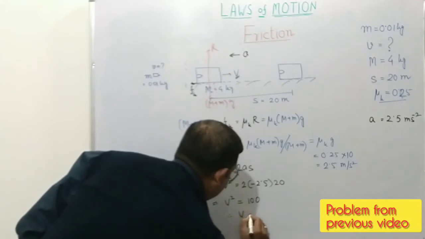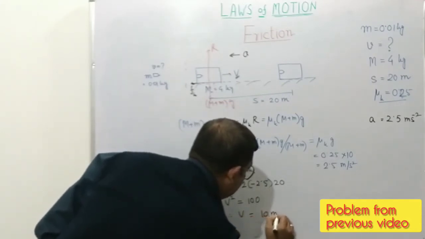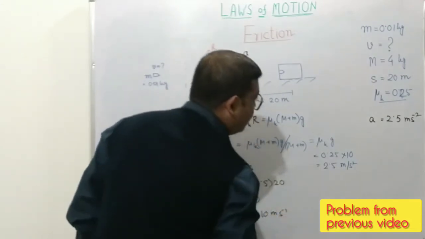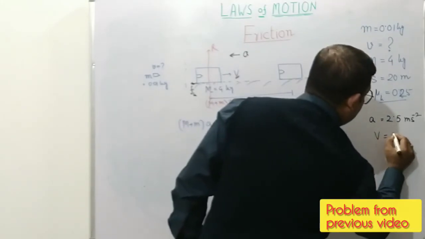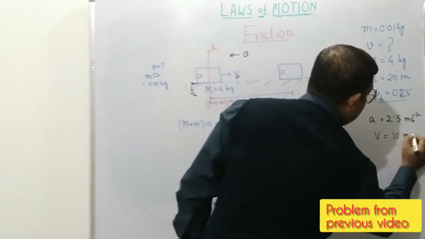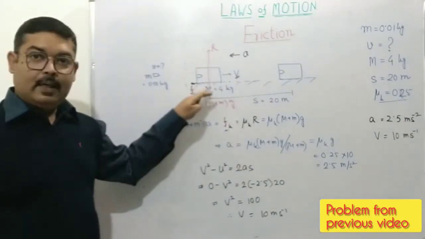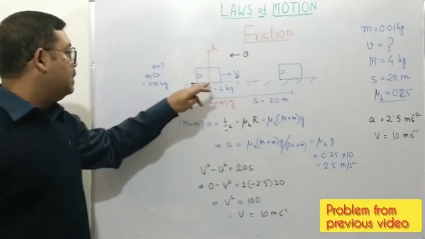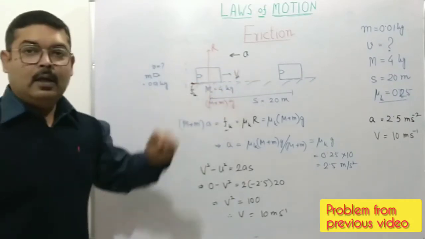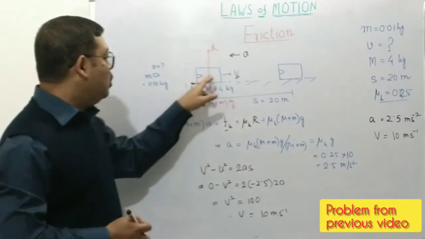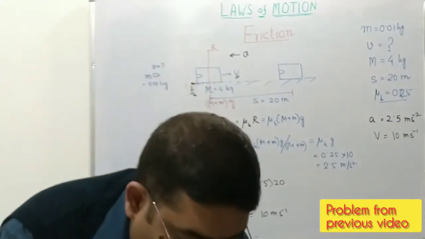Therefore, V will be equal to 10 meter per second. So, V equal to 10 meter per second. The velocity with which the system of the block and the bullet starts moving is this 10 meter per second.